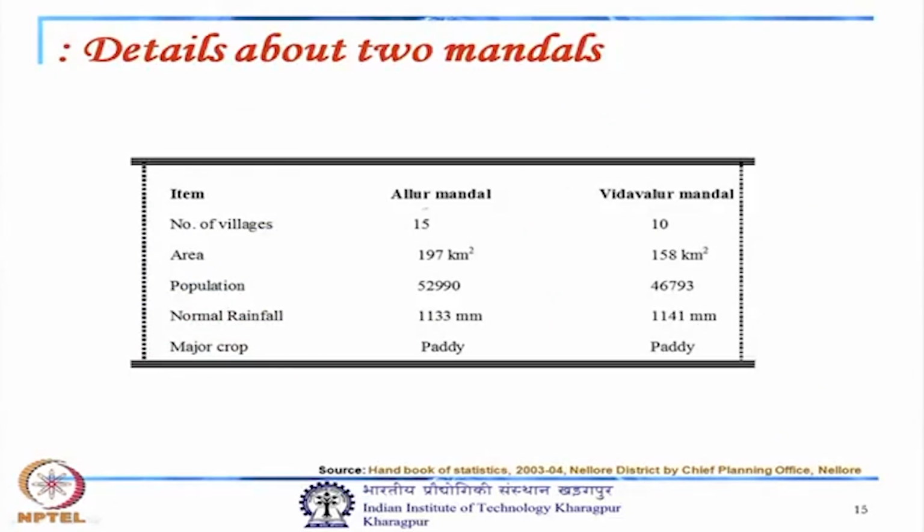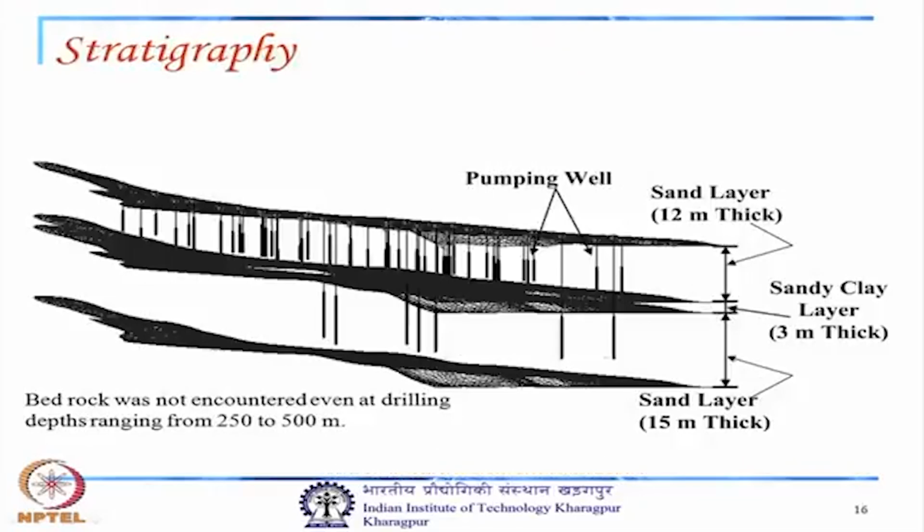So, number of villages in Alur Mandal is 15, Vidavalur is 10. So, area wise Alur is bigger, and normal rainfall is almost same, and the major crop is paddy, but in recent few years there has been a shift in the cultivation aspect.